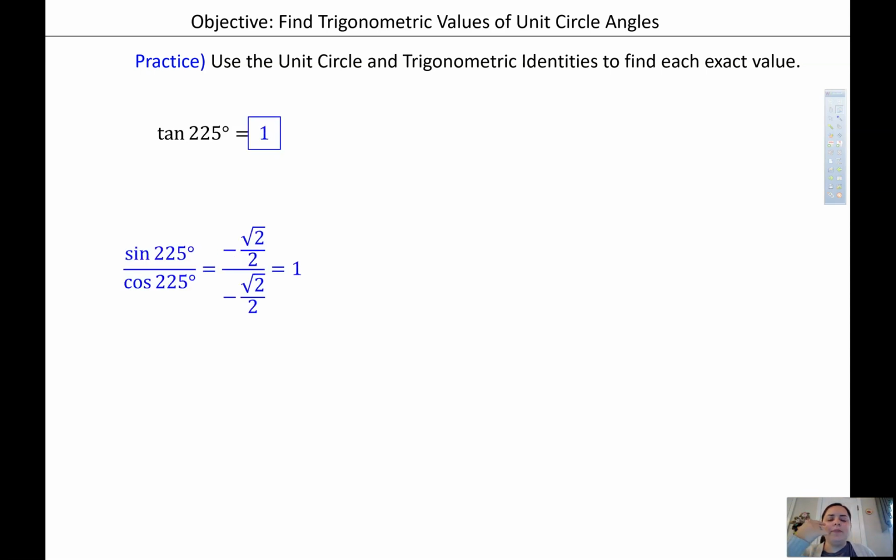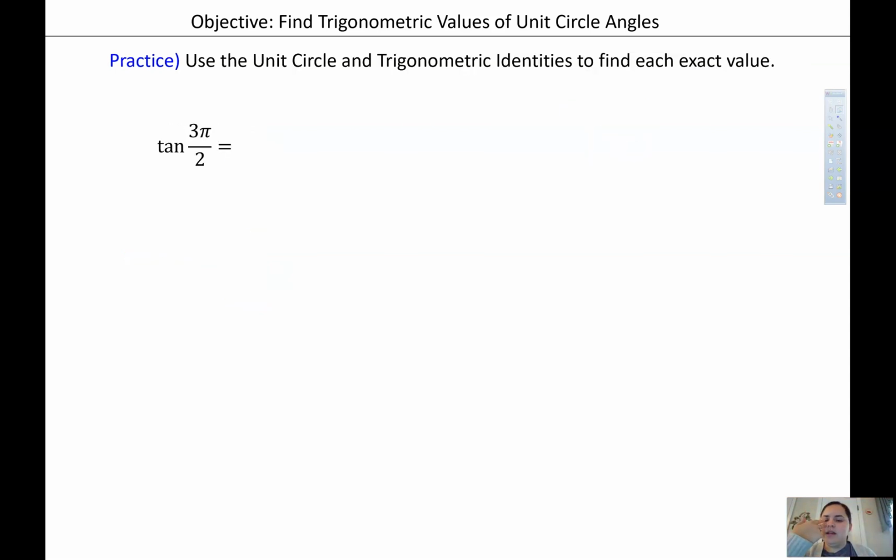Okay? And then cosine 7 pi over 6, that's one more than 6 over 6, so that's going to be in quadrant 3. So cosine, all students take, cosine is going to be negative, and then your pi over 6 is your ring finger. X is up here, so it's negative root 3 over 2. Okay.